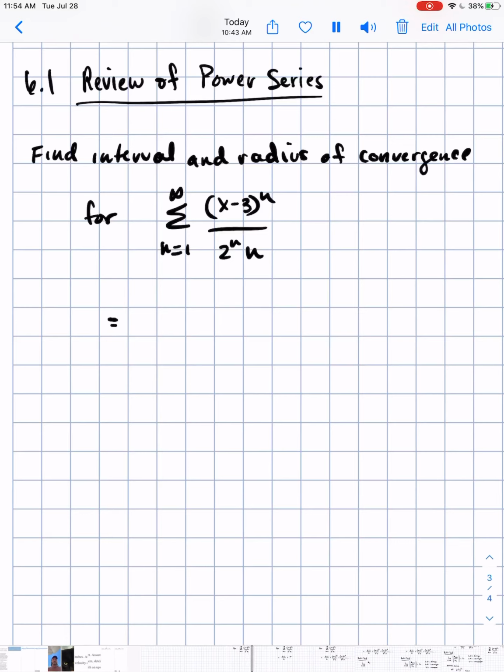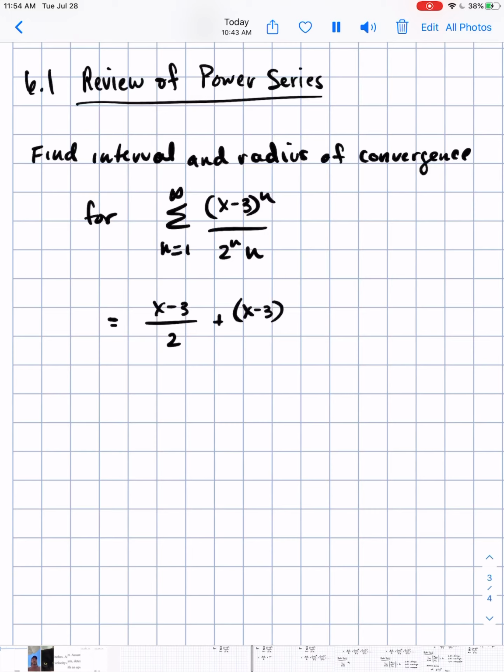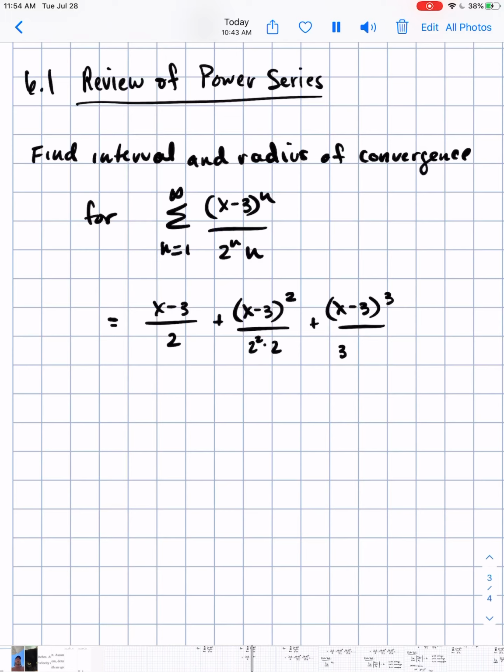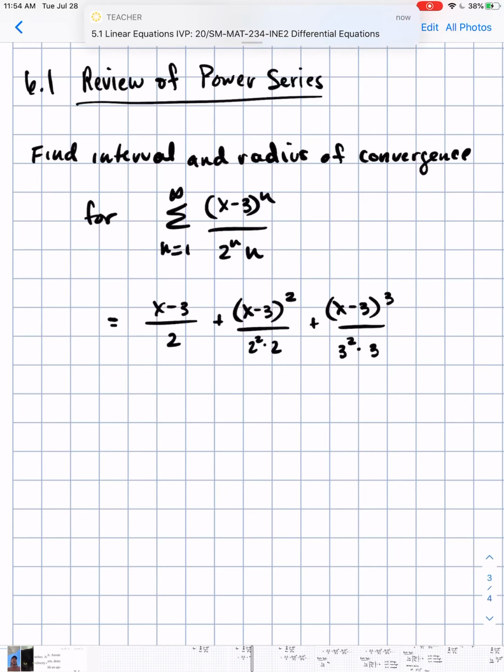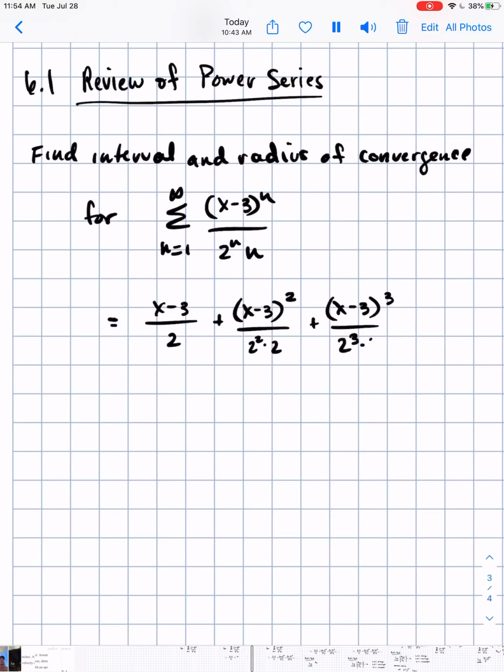If I plugged in 1, right, I would get x minus 3 over 2, plus if I plugged in 2 for n, I would have x minus 3 squared over 2 squared times 2. And then that continues, plus x minus 3 to the third over 2 to the third times 3, my bad. And so on. And that continues on infinitely.